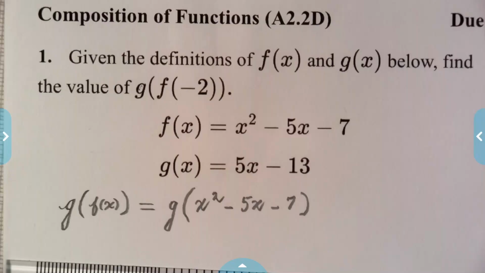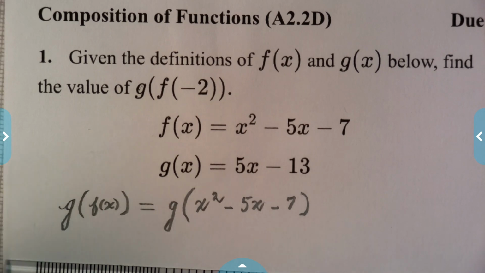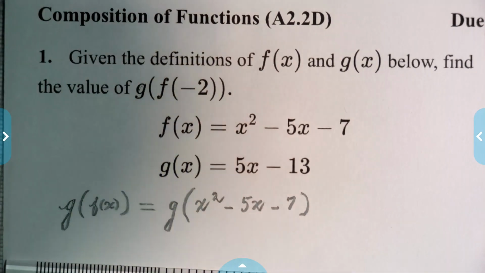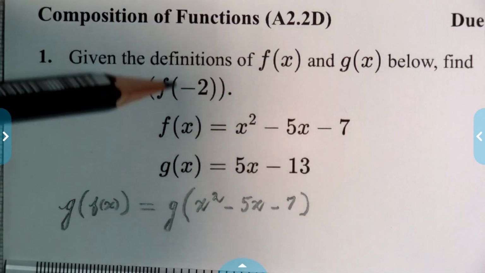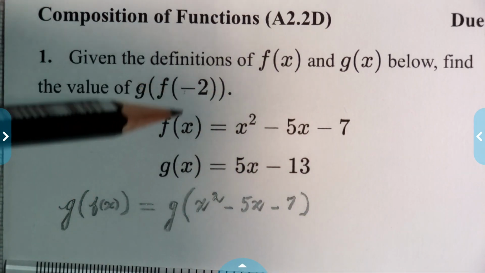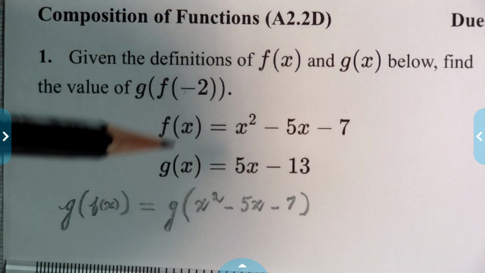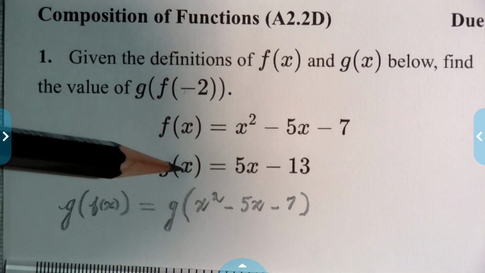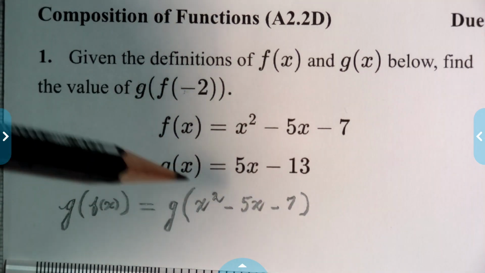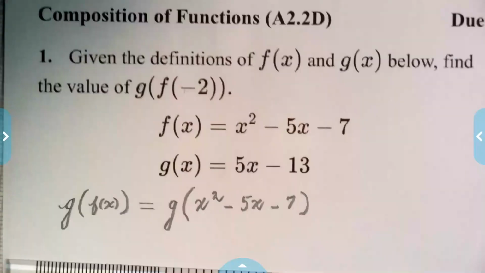Now, I'll explain why the calculator method may be the quick and dirty way to get an answer, but why is it so wrong to do it that way? Or why is it wrong to evaluate the function f of x at -2 and then just stick the answer into x, and then for g of x, there we go.